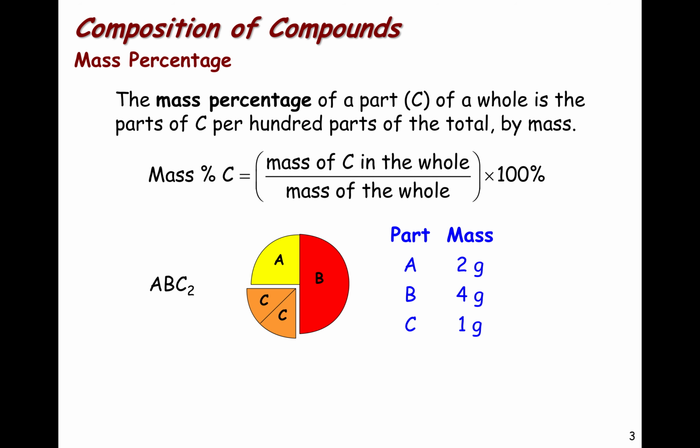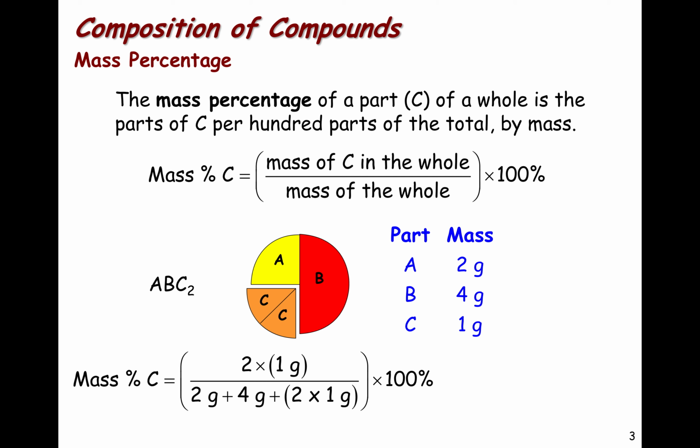If you want to determine the overall percentage for C, we can calculate this by multiplying, in the numerator of the percentage equation, the mass of an individual C by the number of C atoms, and in this case 2 times that would be the numerator.